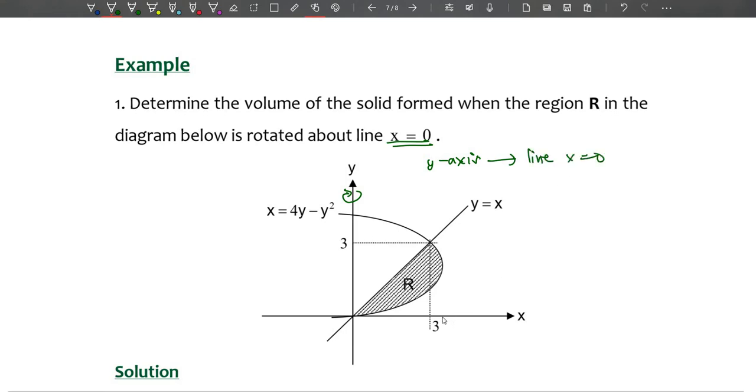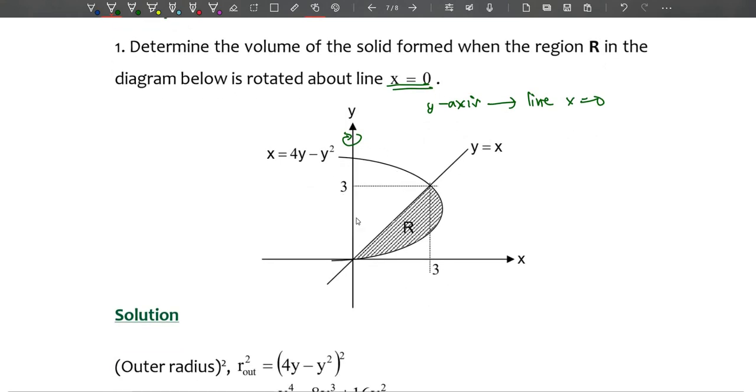From the axis of rotation to the nearest border of the region would be the inner radius, and from the axis of rotation to the farthest border of the region would be the outer radius. It will be similar even if you drag it from here. This will be the inner and this is the outer. That will be the same.